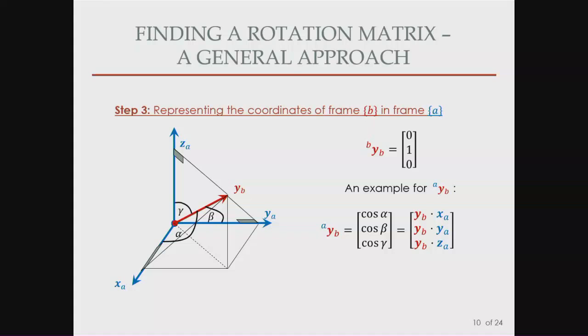Do you remember C scalar product with D, or dot product, giving you this size: the magnitude of C times magnitude of D times cosine of the angle between them.